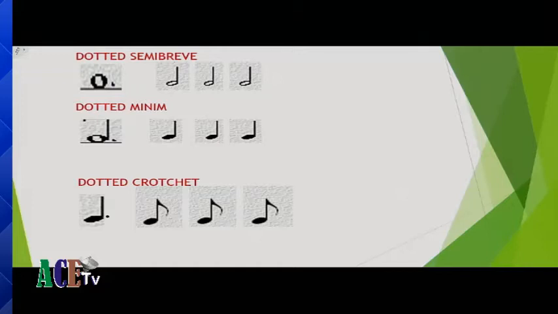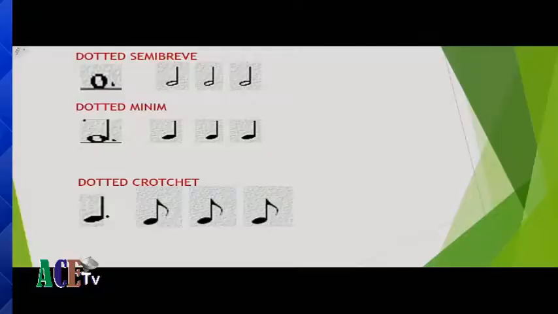We did it during the last class, but this is just to refresh our brain about what we have done. The dotted crotchet is the next one, which has three quavers. Dotted crotchet has three quavers, but an ordinary crotchet has only two quavers.